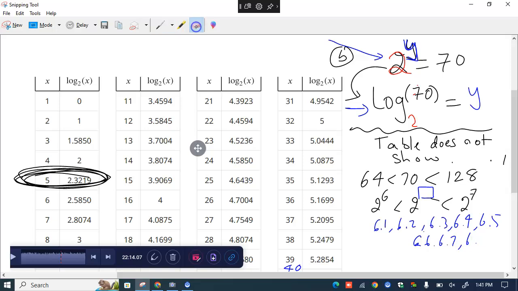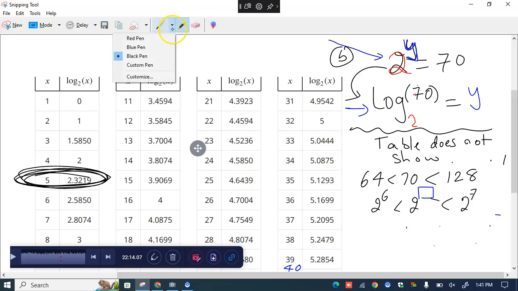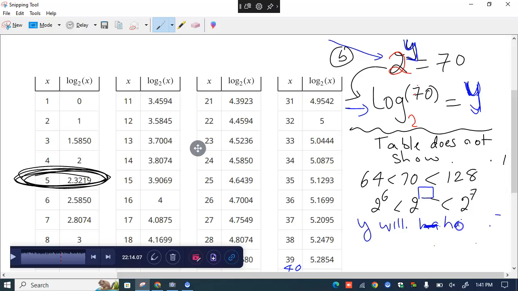So this answer is going to be some exponent y, which we are going to approximate. So y will have a value between 6 and 7.